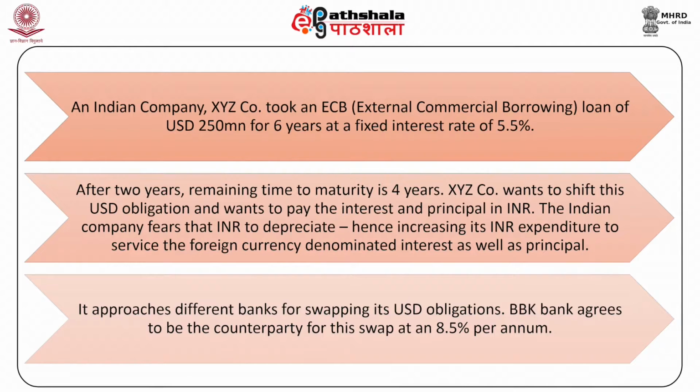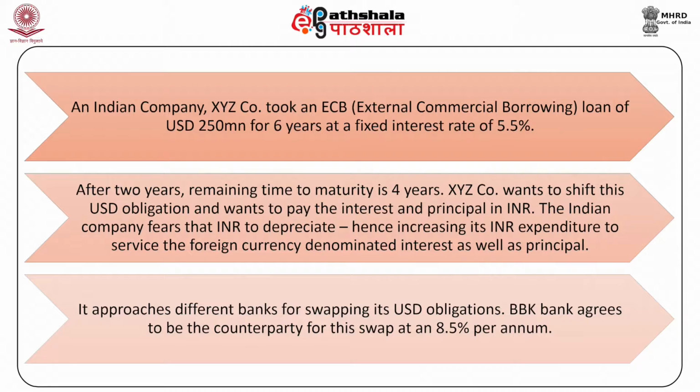XYZ company wants to shift this USD obligation and wants to pay the interest and the principal in INR. The Indian company fears that INR will depreciate, hence increasing its INR expenditure to service the foreign currency denominated interest as well as principal.